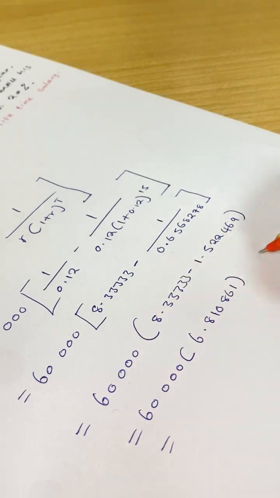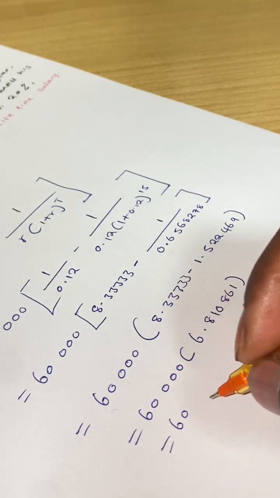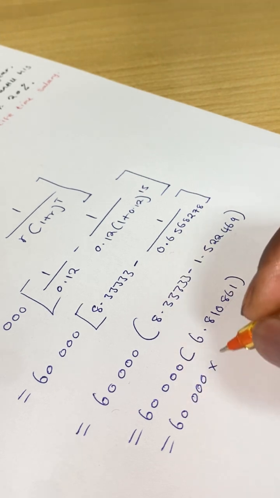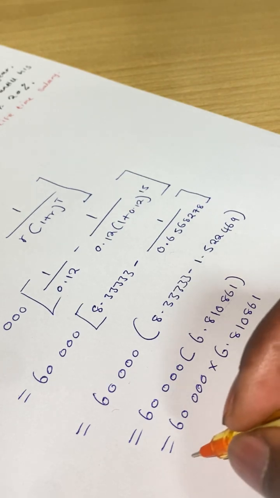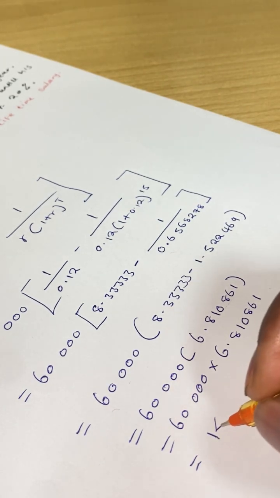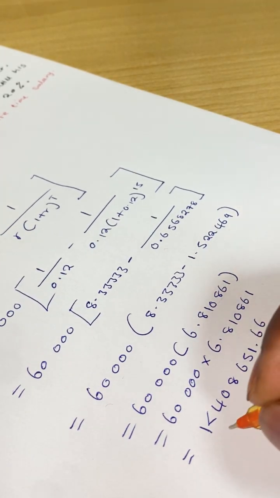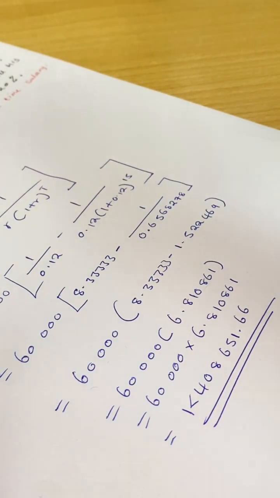Then I multiply what's in the brackets by 60,000, and it's giving me 409,... 651.66. So this is our true value for this lottery.